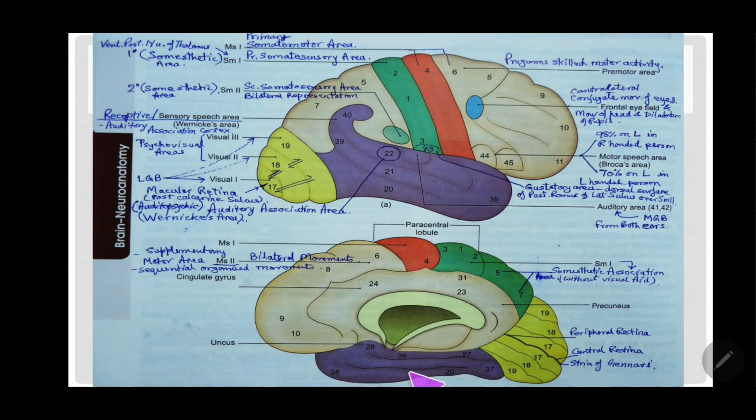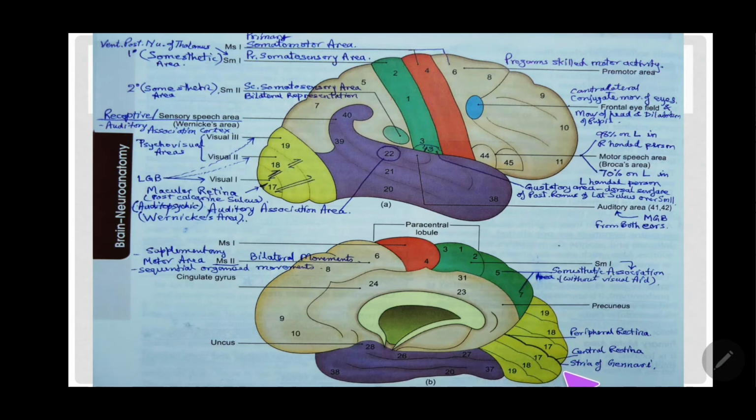There's Meyer's loop, right? I have taught you all this in your visual pathway. The fibers representing the lower half of the retinae from the LGB wind around the inferior horn of the lateral ventricle, that's called Meyer's loop, and they relay on the inferior surface of the calcarine sulcus.